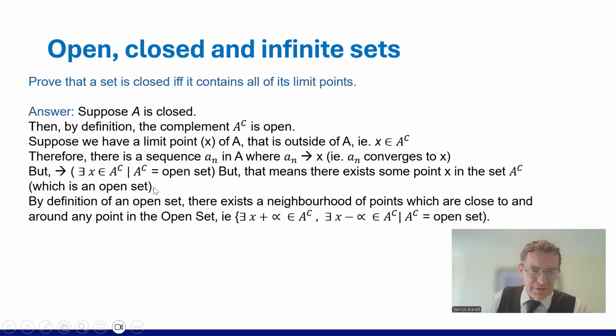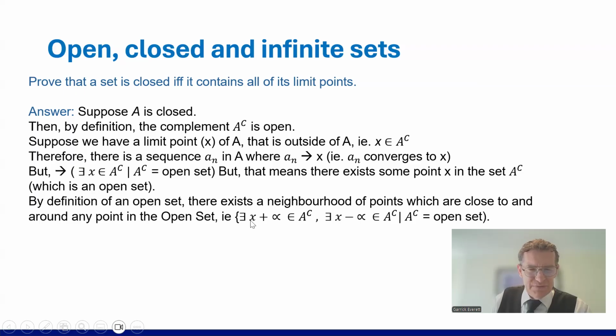Now I'm going to do this line here. We've got A^C is an open set, and x is in A^C. So there exists some point x in the open set. By the definition of open set, there exists a neighborhood of points, a bunch of points which are close to and surrounding any point in the open set.